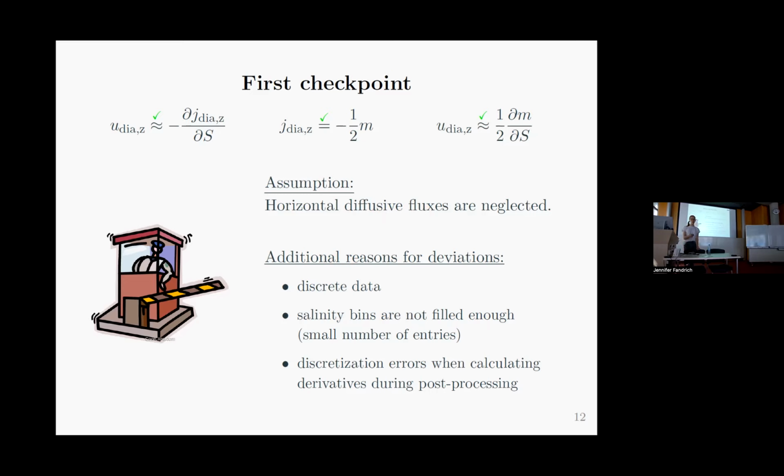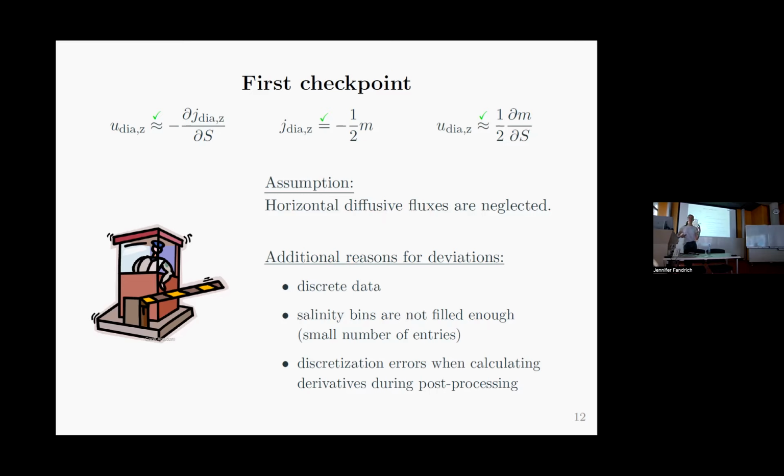But then it is also because of the salinity bins. When we calculated the layer thickness and summed it up into the isohaline, we do that for all these salinity bins. And it can be that they are not filled enough, so they do not have a lot of entries in that specific salinity class bin.